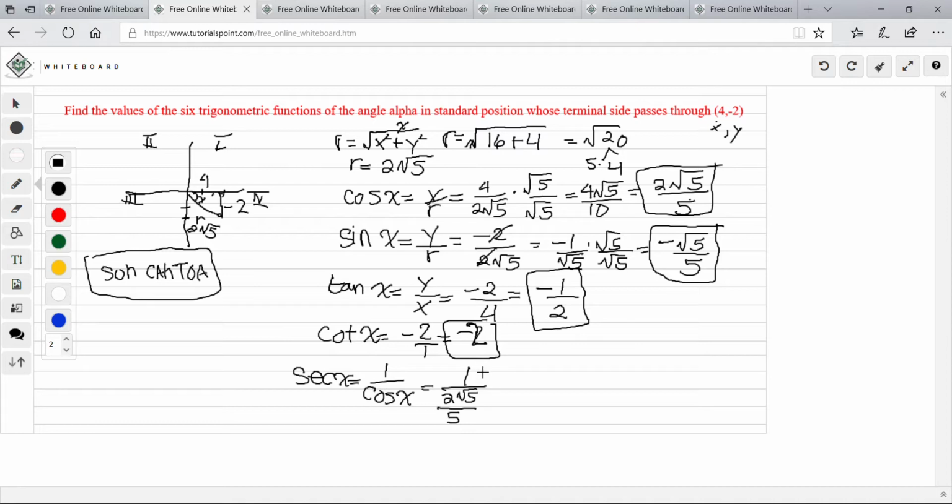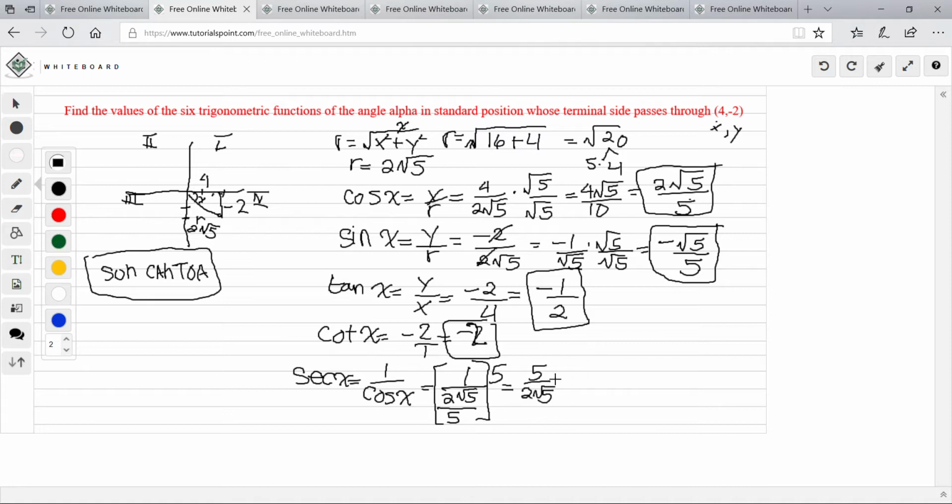I'm going to do my brackets, so I'm going to multiply everything by 5. So you're left with 5, and then the 5 cancels over here, so you're left with 5 over 2 root 5.